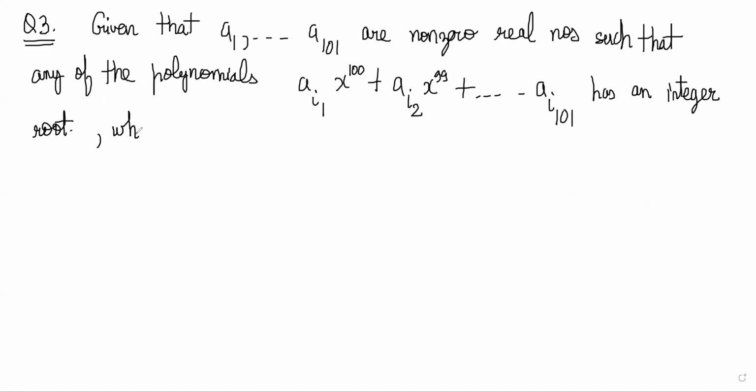What is the meaning of this a_{i1} and all? a_{i1}, a_{i2} till a_{i101} is a permutation of the numbers 1 to 101.